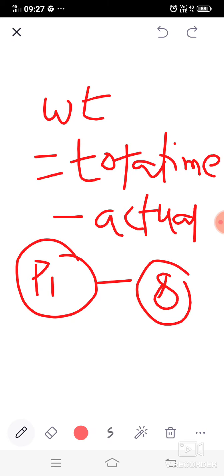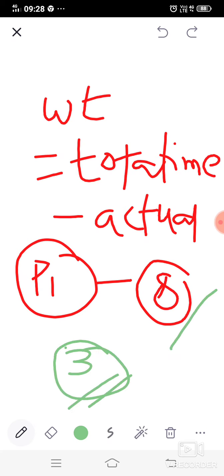But in the problem, P1's duration is given as 3. So actually it has to be completed in 3 seconds, but it has taken 8 seconds. So 5 seconds of extra time is wasted. This wasted time we call the waiting time for the process.